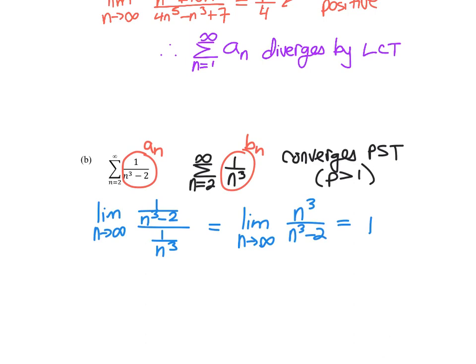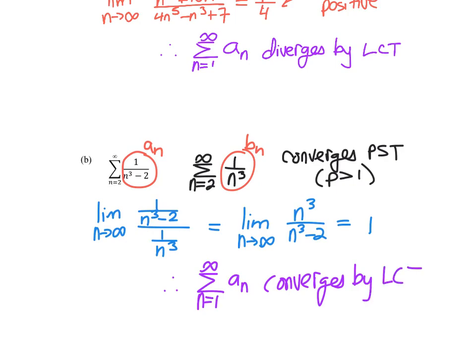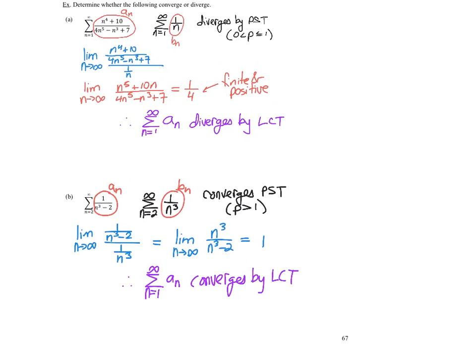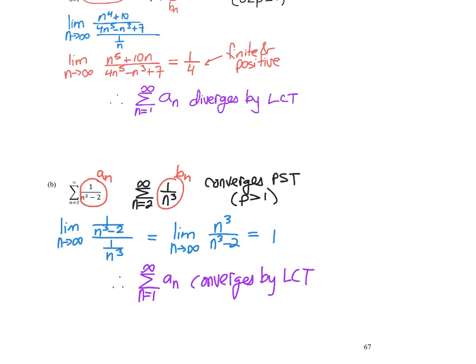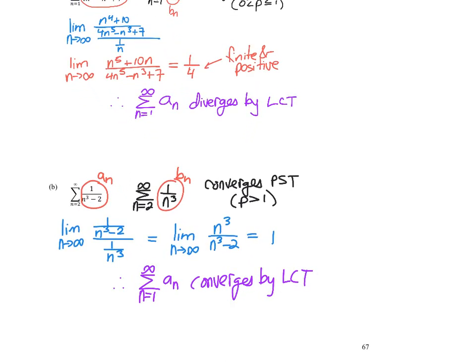All right, so therefore, a sub n converges by the limit comparison test.